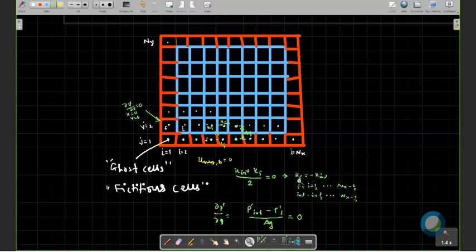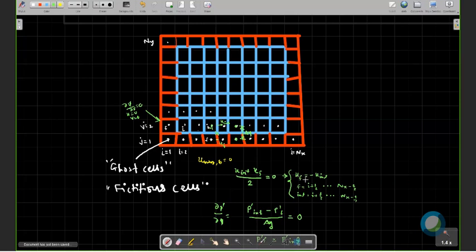So if uf is equal to this, it satisfies this boundary condition. That is why we are writing uf equals u interior as a boundary condition. This is a discretization of the boundary condition for the Navier-Stokes equation.